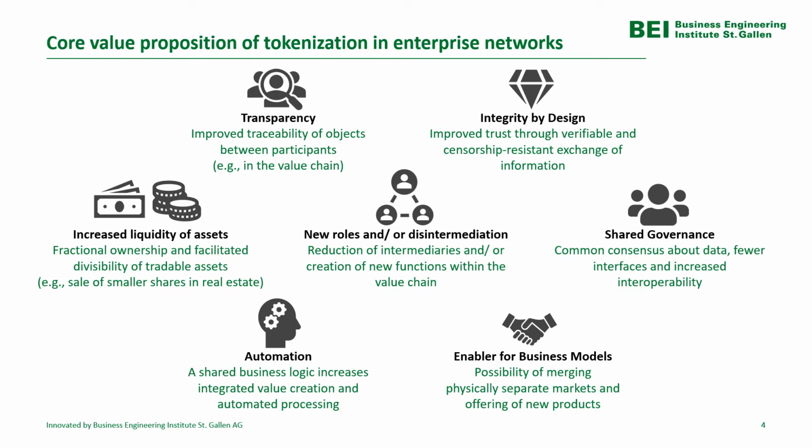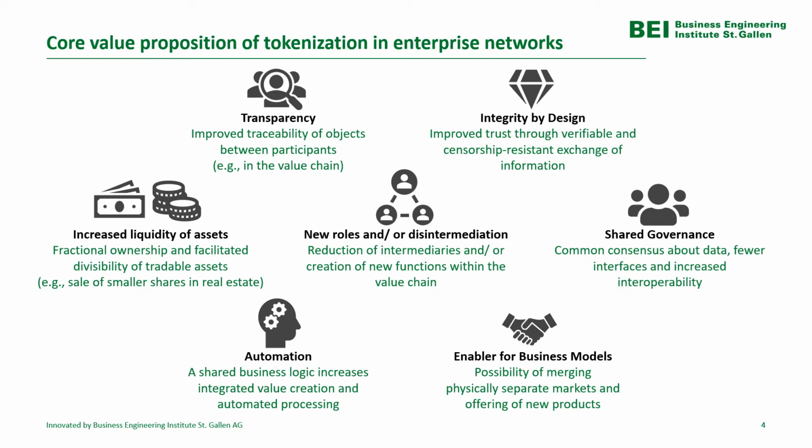And based on the idea of representing transactions of an object in the form of a token, we can identify several benefits of using this technology. First of all, we have increased transparency, where we have a shared database accessed and used between different participants. We have a specific data integrity by design of the blockchain.